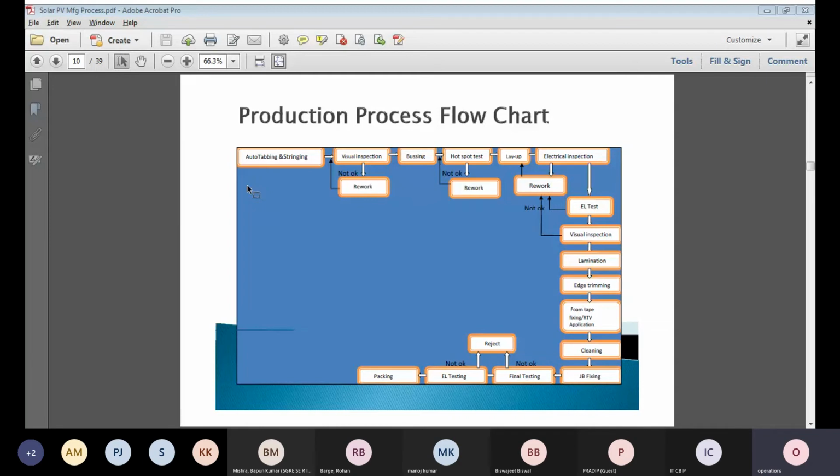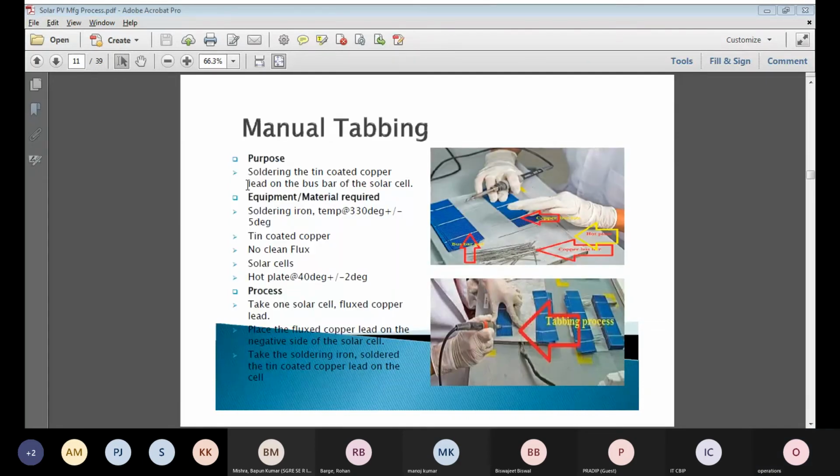So we will go to each stage. Earlier days, and nowadays also, a few companies manufacture like this. This is the solar cell. We need to join the copper with a soldering iron. This is called tabbing. We need to tab the lead on the solar cell.